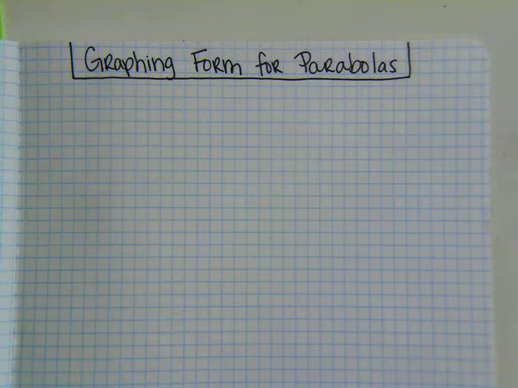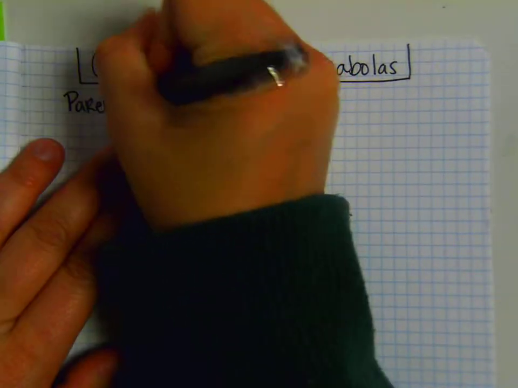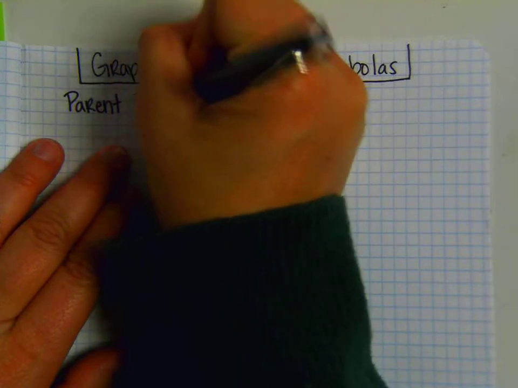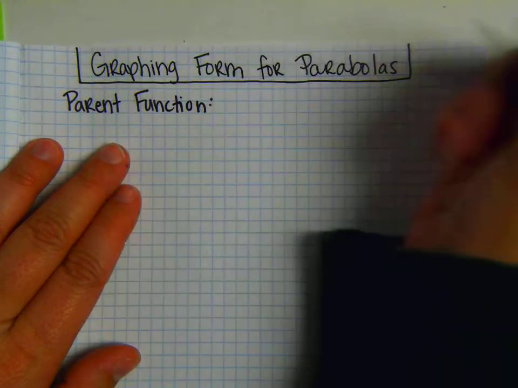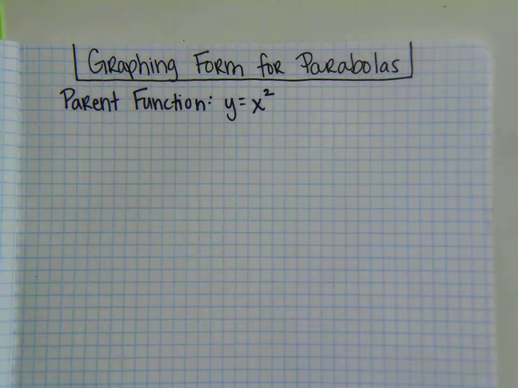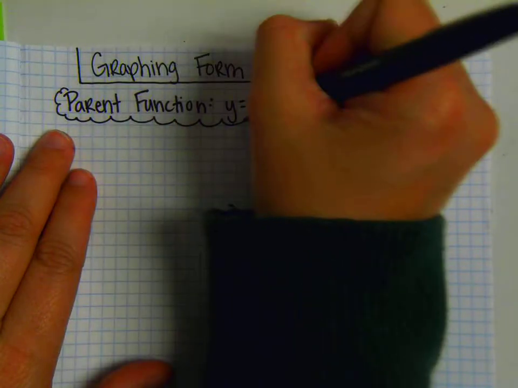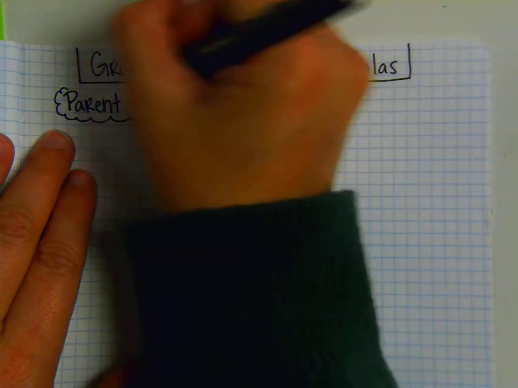Now we're going to have a different form. So we do have a parent function for parabolas. And the parent function is y equals x squared. From that parent function, all the other parabolas are based off of this, but they're altered in a certain way.